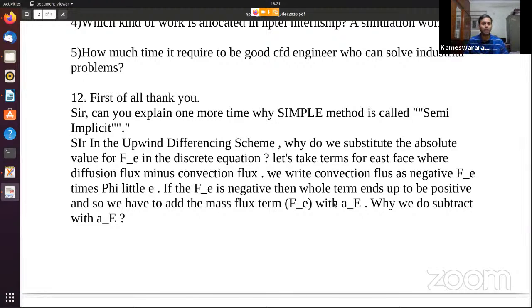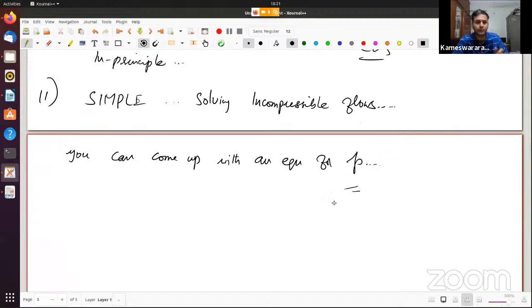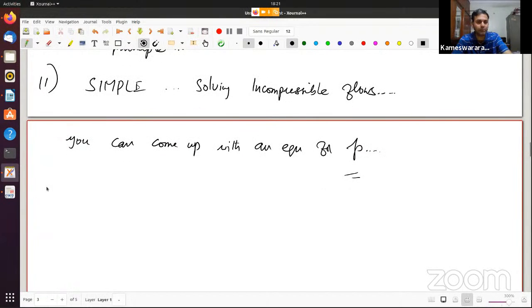Okay. Can you please explain one more time why SIMPLE method is called semi-implicit? All right. So this is question number 12. SIMPLE is called semi-implicit because we are dropping the contribution of the neighbors, right?